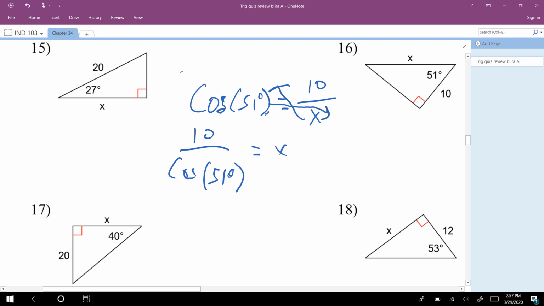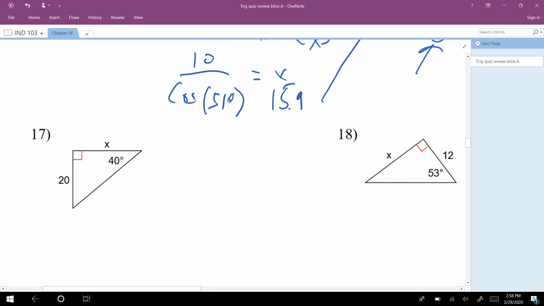And then 10 divided by cosine of 51, and I got 15.9. 15.9 for the hypotenuse. And remember, if the number comes out less than any given side when you're looking for the hypotenuse, then you did something wrong.